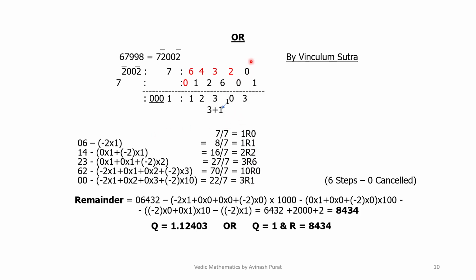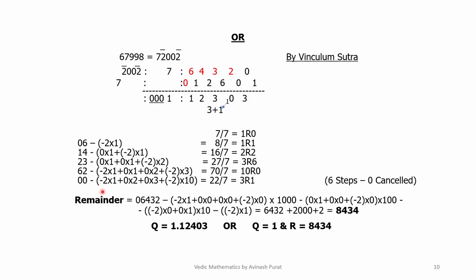Now 0 is next dividend minus 2 into 1 plus 0 into 2 plus 0 into 3 plus minus 2 into 10.